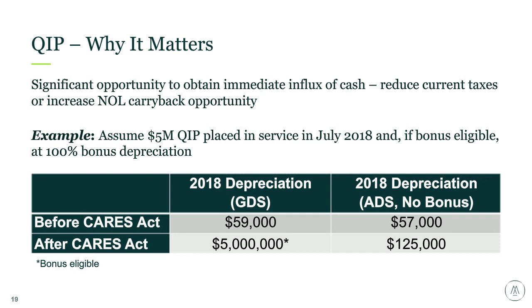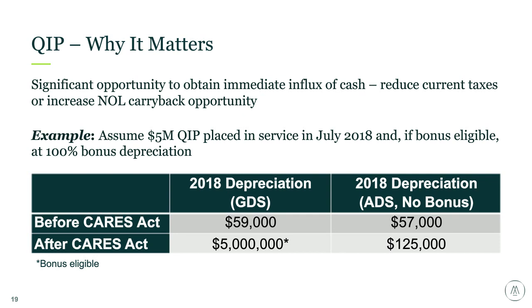So here's just a quick example to show how significant the QIP change is. So assume $5 million of QIP placed in service in July of 2018. And of course, it would be eligible for 100% bonus if applicable. Prior to the CARES Act, there was very little difference for GDS and ADS depreciation because they have 39 and 40-year recovery periods with no bonus.